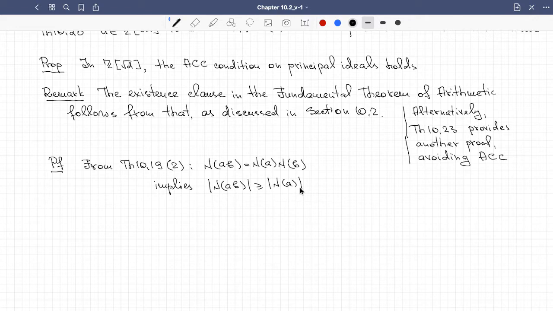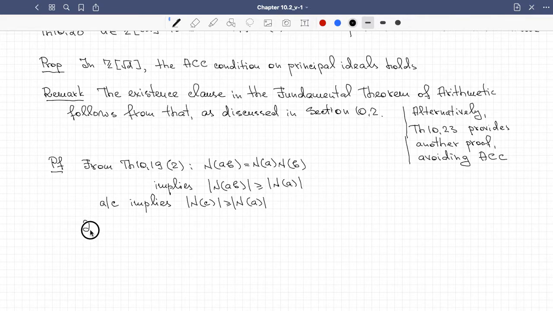In other words, one can reformulate that as: A divides C implies the norm of C is bigger or equal than the norm of A by absolute value.